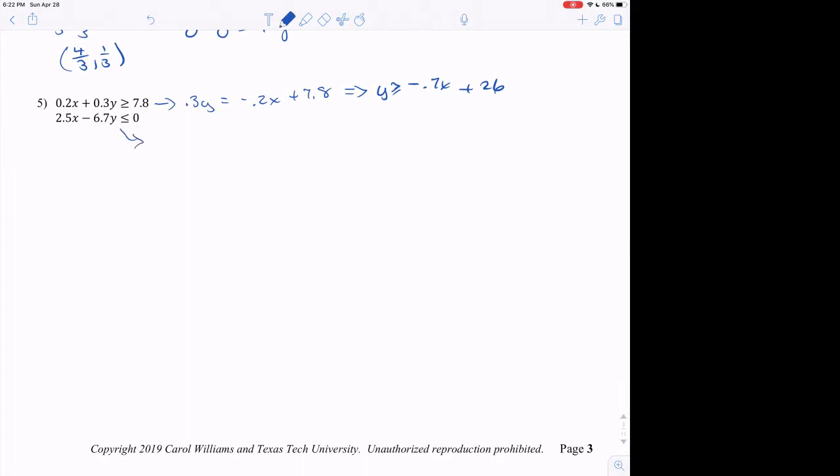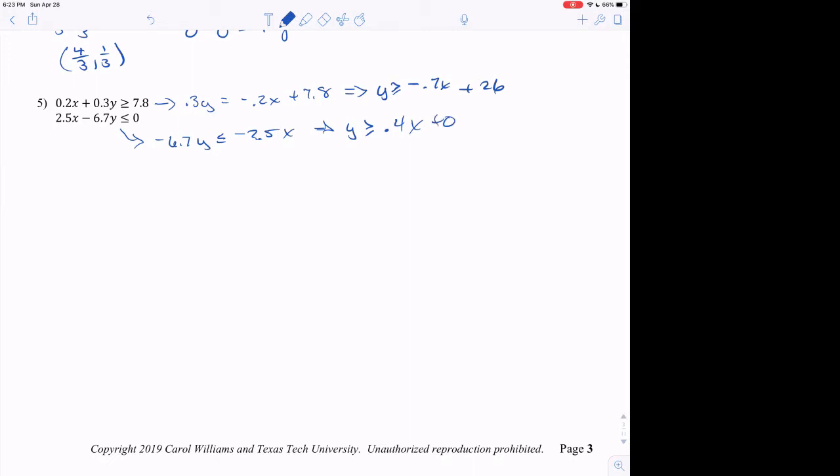And for this one, you get minus 6.7y is less than or equal to negative 2.5x. So then y, now because this is a negative sign, you're going to flip your inequality sign. So that becomes 0.4x. And I went ahead and wrote the plus 0, but you don't have to.